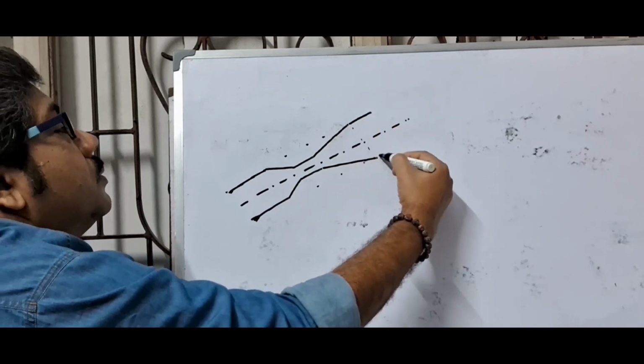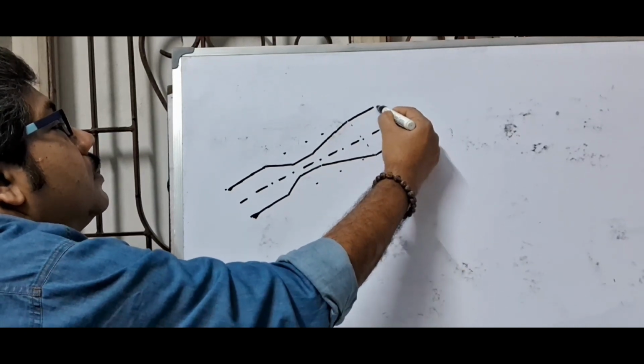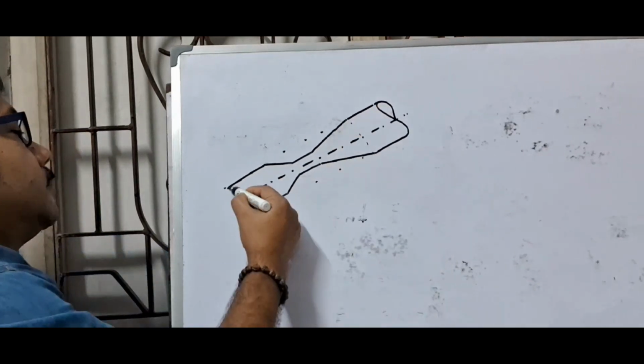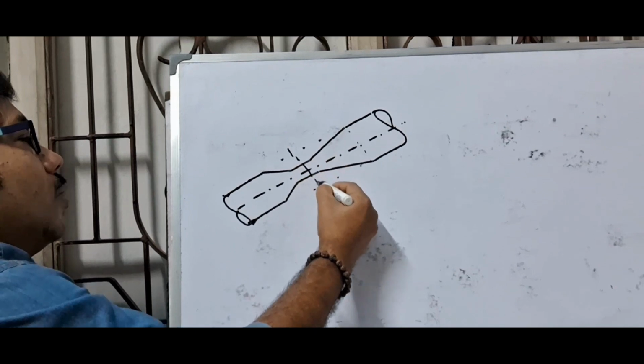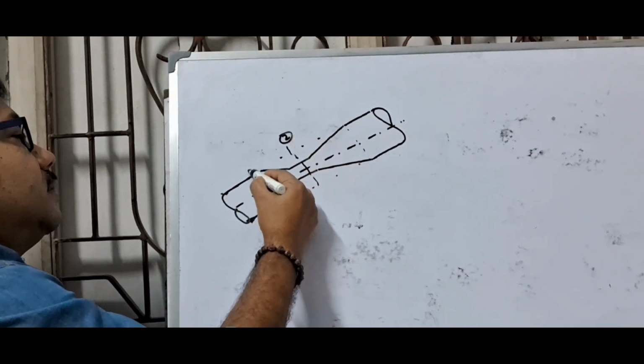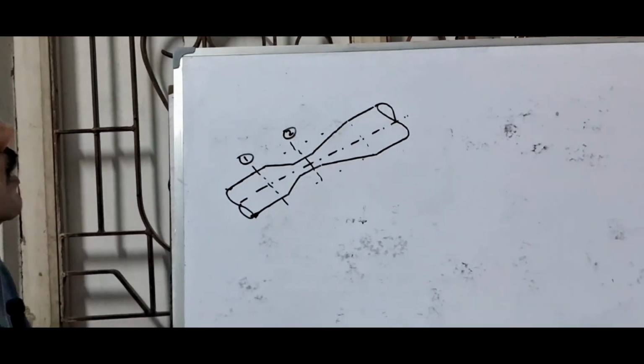This is pipe. This is 2 section, and here this is 1 section.